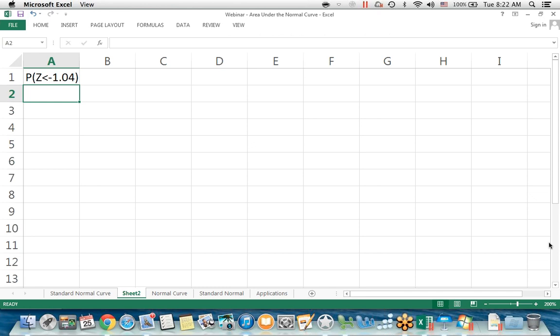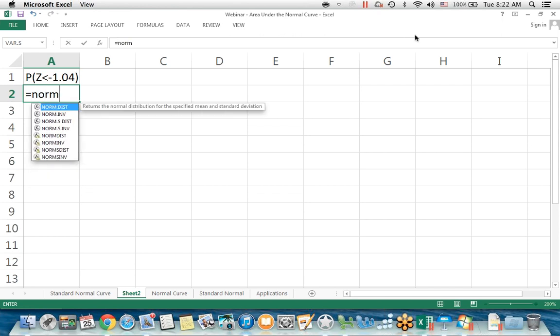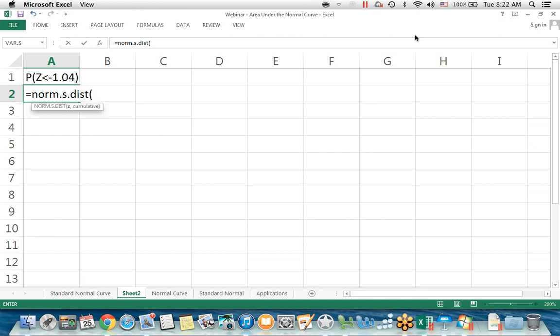And if you've written down the formulas, then you'll remember that the formula to find the area to the left is equal to norm.s.dist. Now the next thing that we're going to have to type after we open our parentheses is the z value.